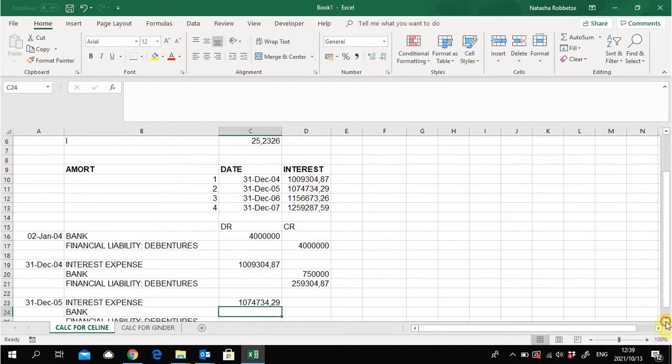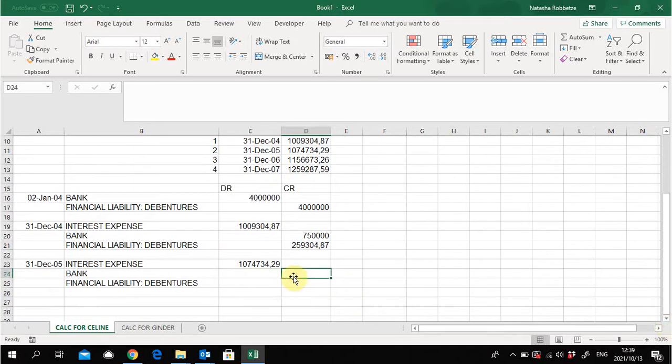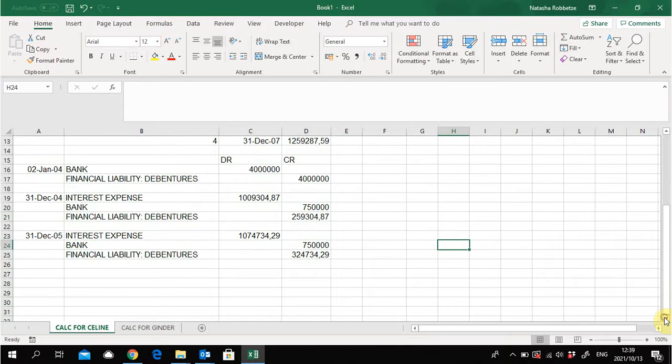For the bank, it's still the payment, so that is the 750. And we still need a balancing figure, and that's going to be the difference between the expense and the cash flow. Right, then there's an entry 31st December 2006.